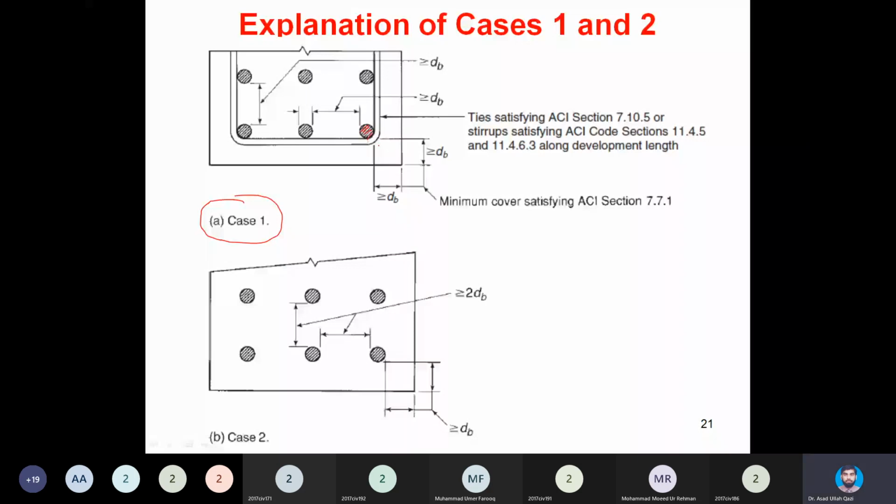Recommended is that the edge cover and the bottom cover are at least equal to db, the diameter of the bar itself, or greater, and the clear gap between the bars at least equal to db or greater, and the clear gap between the layers at least equal to db or greater.